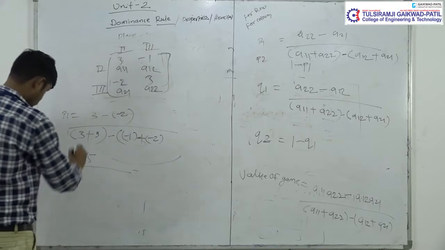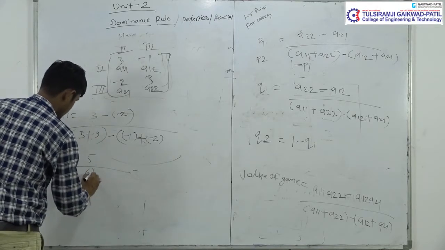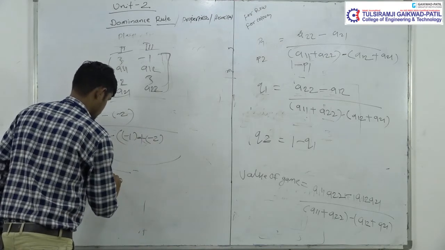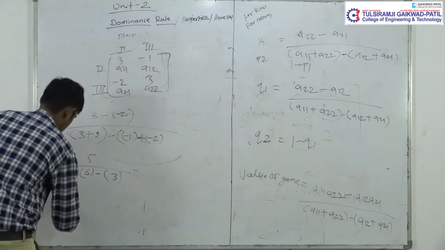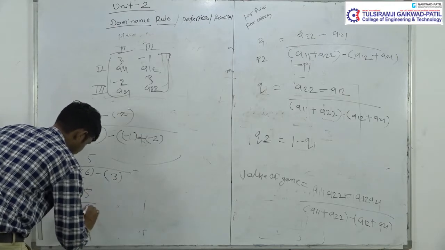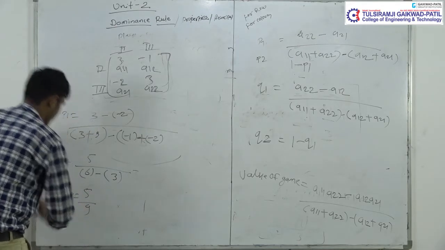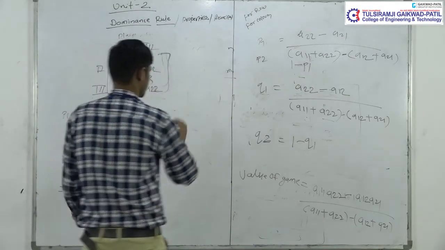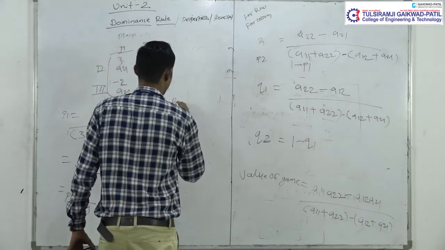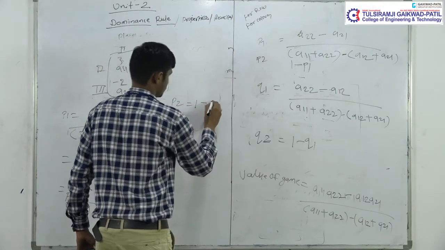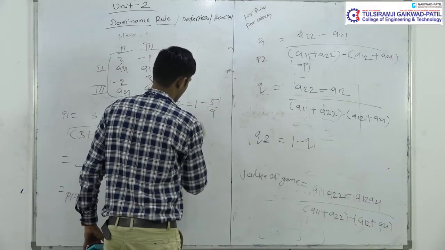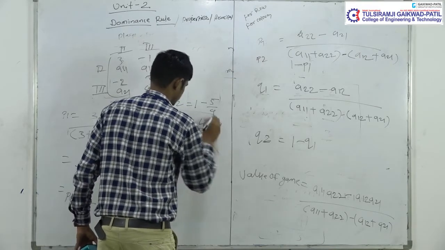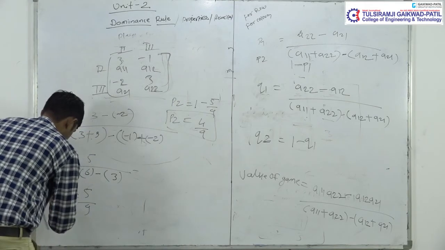Then 3 plus 3 is 6, minus plus is 3. P1 value is 5 divided by 9. Next formula is P2, 1 minus 5 divided by 9 equals 4 divided by 9, the P2 value.